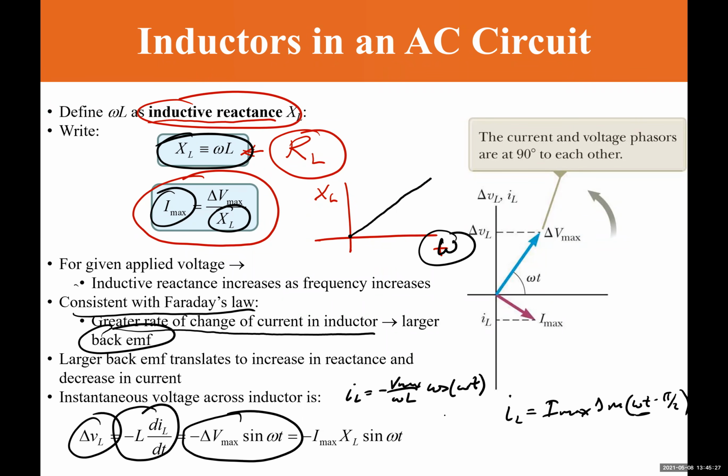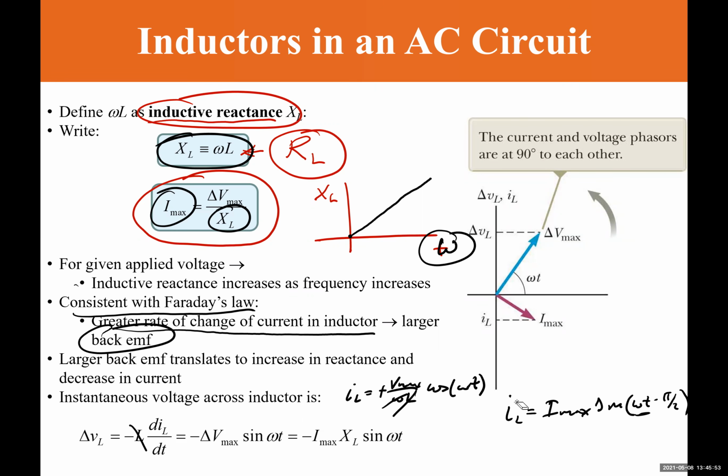The derivative of cosine is negative sine, so that negative and negative cancel out, but there was already a negative in the equation, so that one stays. This L will cancel with that L, and the derivative also gives us omega, which cancels with this omega.